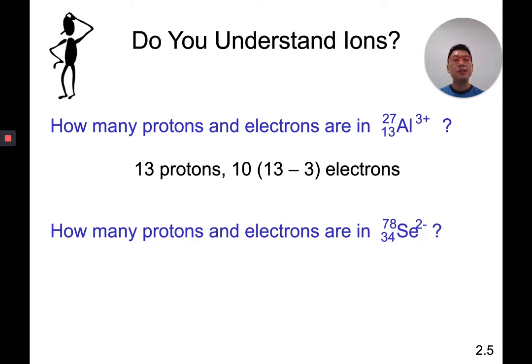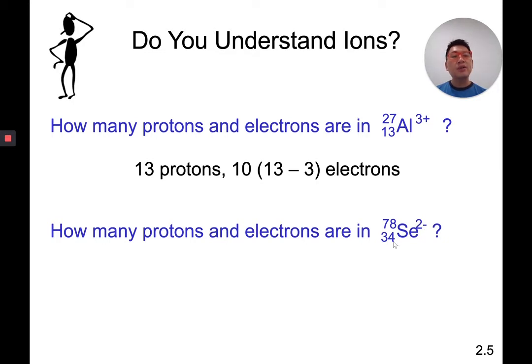One more. How many protons or electrons are in selenium 78 minus 2 charge? How many protons are there? Well, this is the bottom number again, 34. How many electrons? Notice it's not neutral. Minus 2 means there are 2 more electrons than protons.